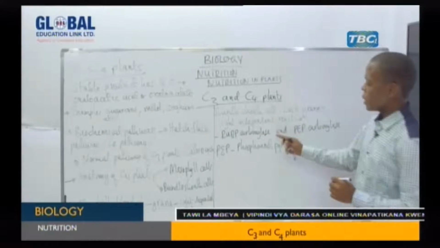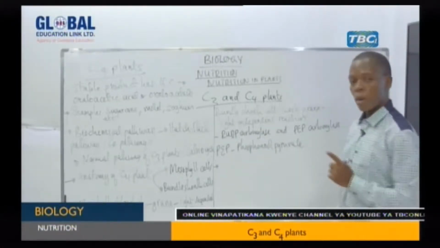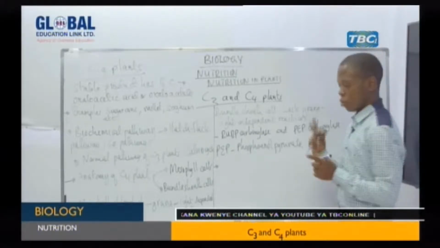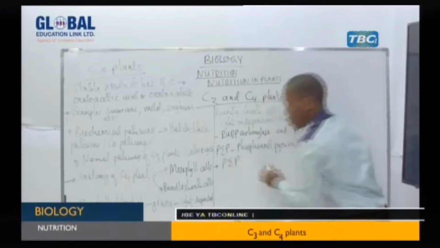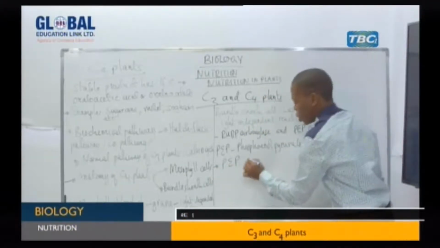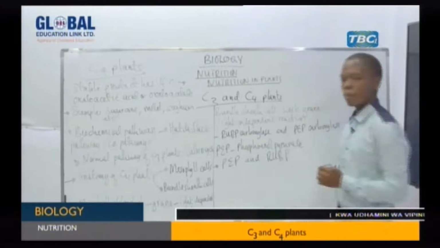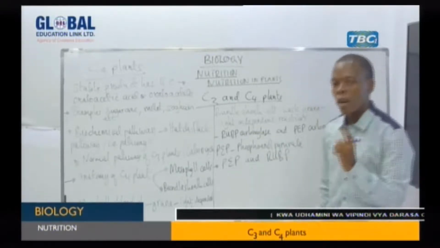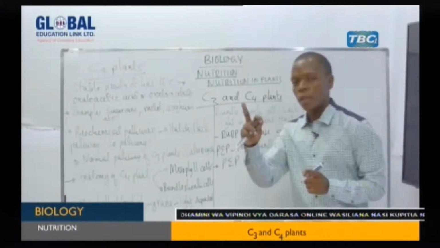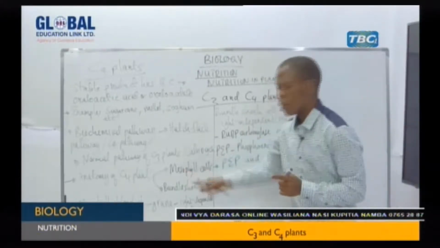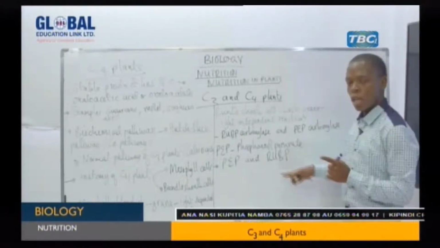But again, these are enzymes which catalyze the reactions of the C4 plant. The carbon dioxide acceptors of the C4 plant are two. We have PEP, this is our carbon dioxide acceptor, and also we have RuBP. Therefore, fixation of carbon dioxide in the C4 plant occurs twice: in the mesophyll, and again in the bundle sheath cells.